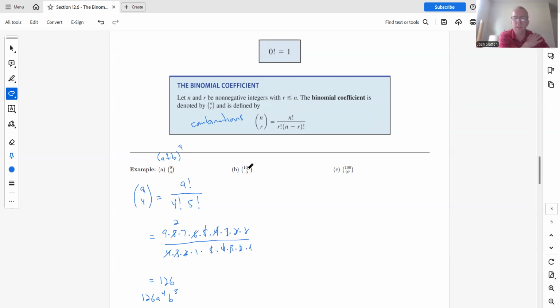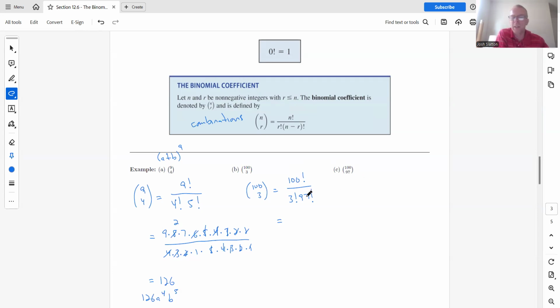100 choose 3. So this would be 100 factorial over 3 factorial times 97 factorial. So choose the bigger one. So this one is 97 times 96 times 95 times 94 all the way down to 1. And this is 100 times 99 times 98 times 97 times 96 all the way down to 1.